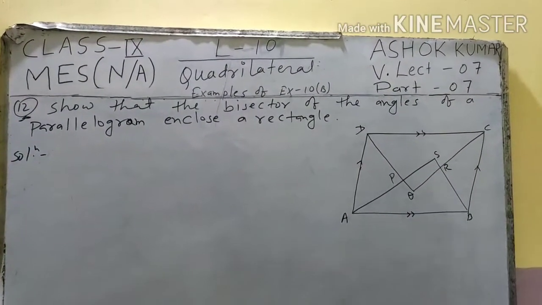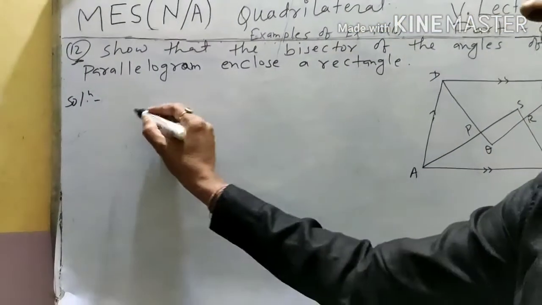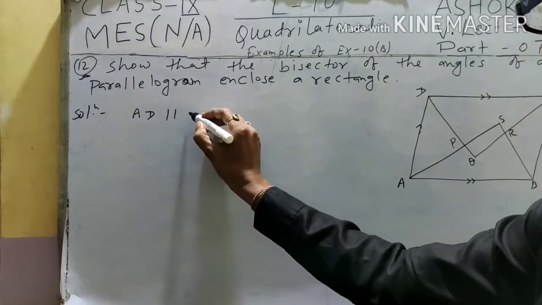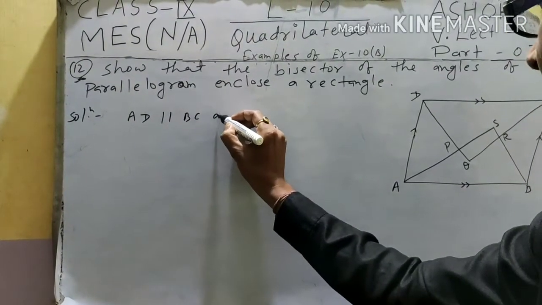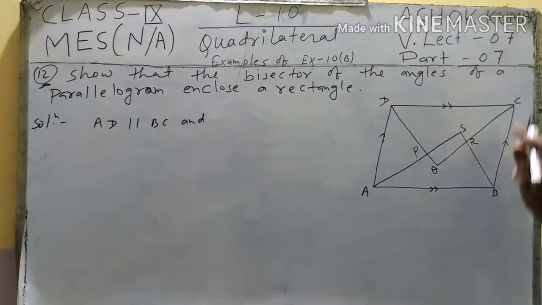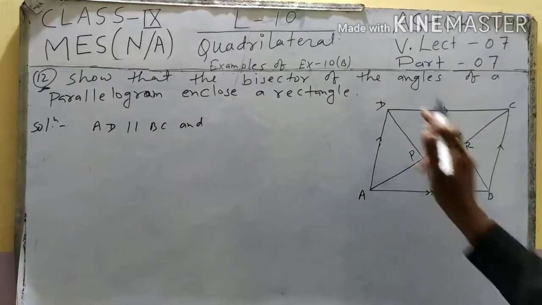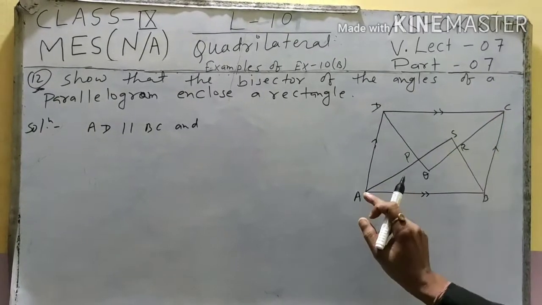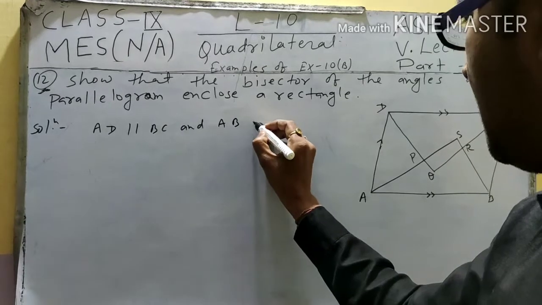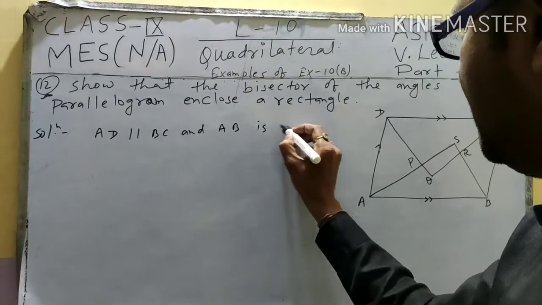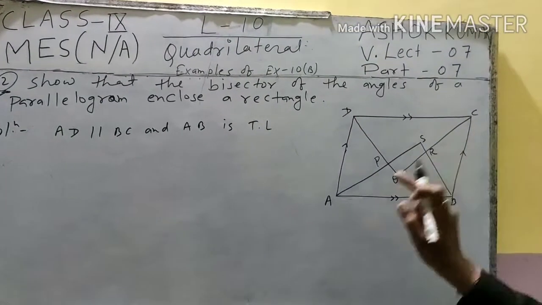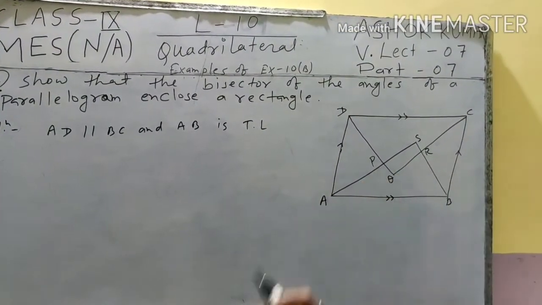So write down: AD is parallel to BC, and AB is the transversal line.